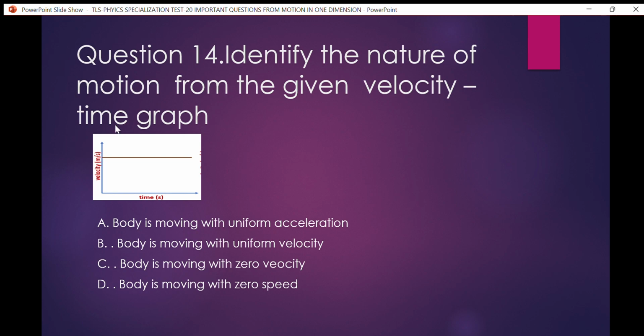Yes, body is moving with uniform velocity because velocity always remains constant. Body is moving with zero velocity. No, velocity is not zero. It has a particular value. Zero velocity means the body is not moving. And body is moving with zero speed. No, it has a particular value. All right. So the right option is body is moving with uniform velocity.